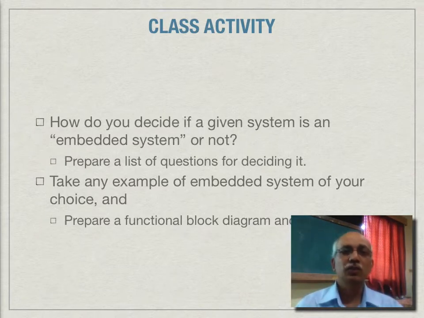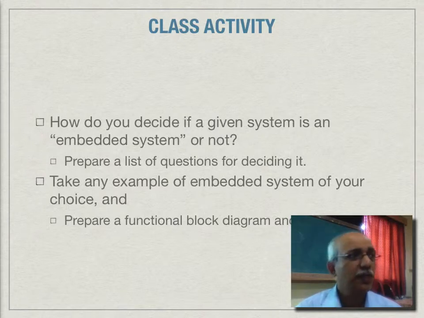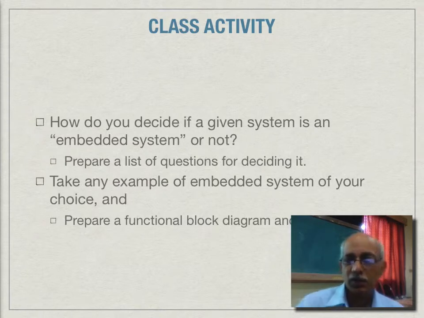So, the first question is whether dedicated functionality is there or not. The second question is whether the processor is there or not, and the third question is whether real time constraints are there or not, right. So, such questions we can ask and then we can decide whether it is an embedded system or not, right.